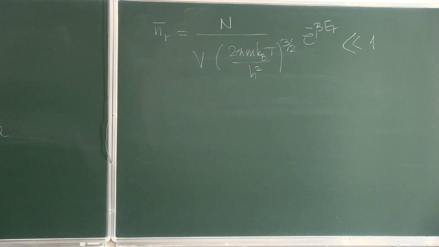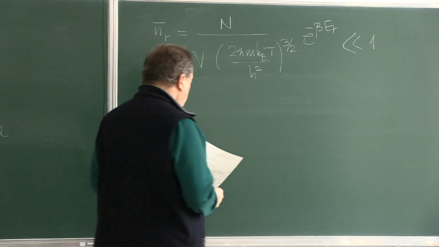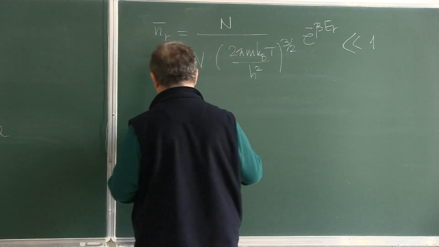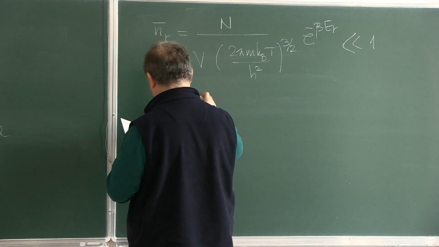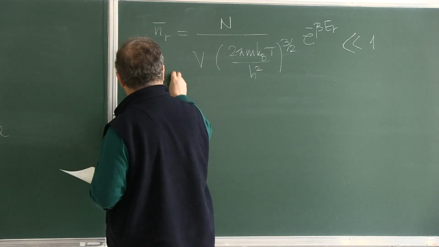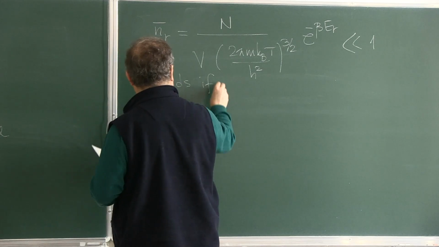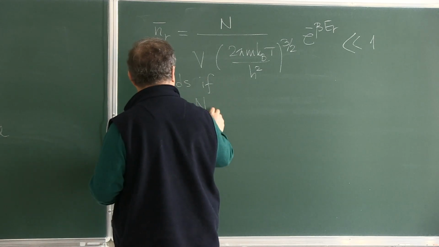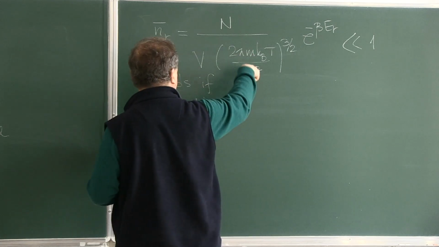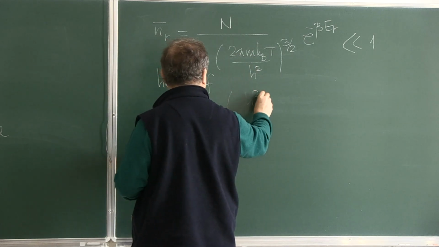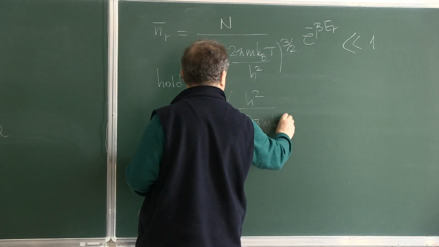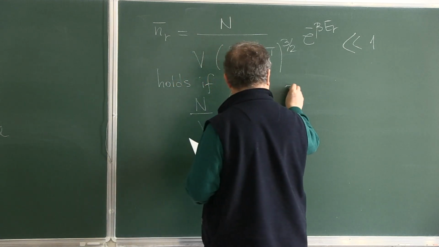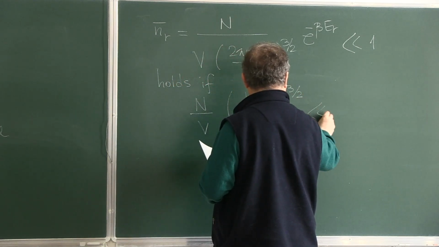That's the classical regime. This holds if this multiplier is smaller than 1, N over V. Well, this 1 over that quantity, you can rewrite as h squared over 2 pi m k_B T to the power 3/2 must be small.